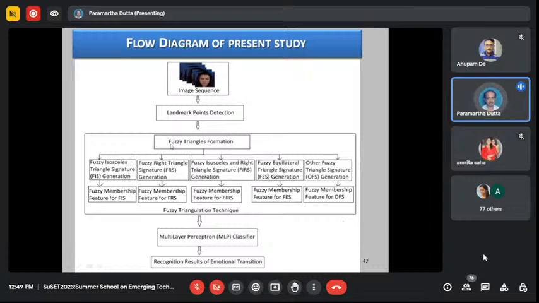On the basis of those fuzzy triangles, some features come out. We shall identify those features, and they are fed into our classifier, which is once again a multi-layer perceptron based classifier, and we get whatever result comes out. So that is what the roadmap is.